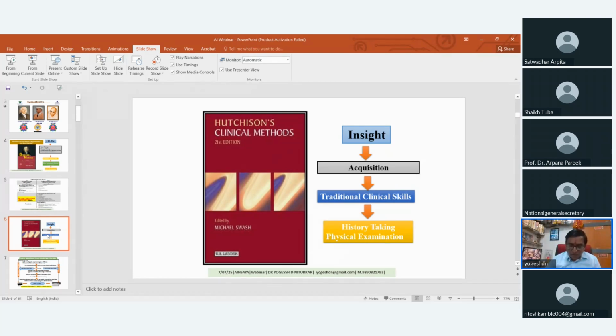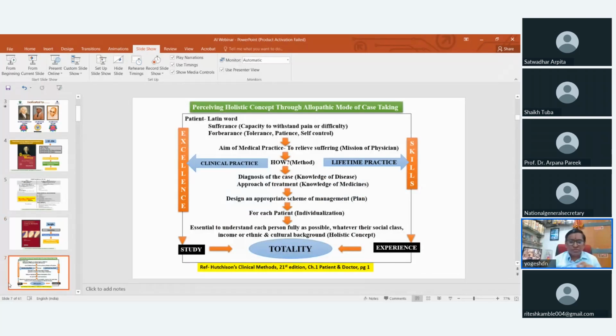If we do some reading in Hutchison's Clinical Methods, we can see how we can acquire traditional clinical skills in history taking as well as physical examination. I will just give a glimpse of page 1 and page 2, where chapter 1 talks about the patient and doctor.